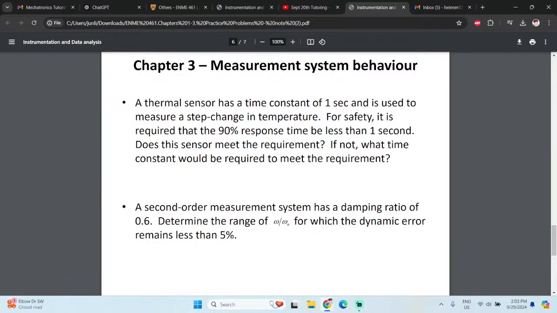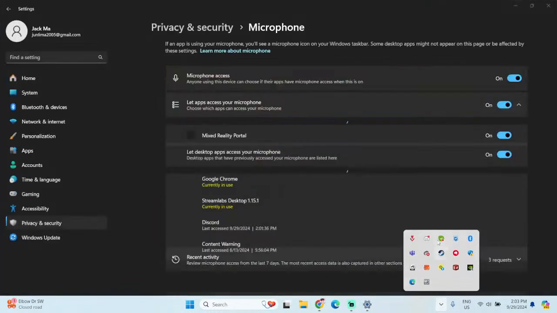Okay, this one, a thermal sensor. Yeah. Okay, so you have the gem board? Yep, I'll send it.